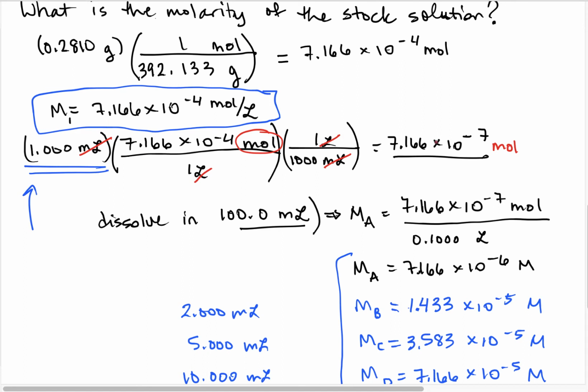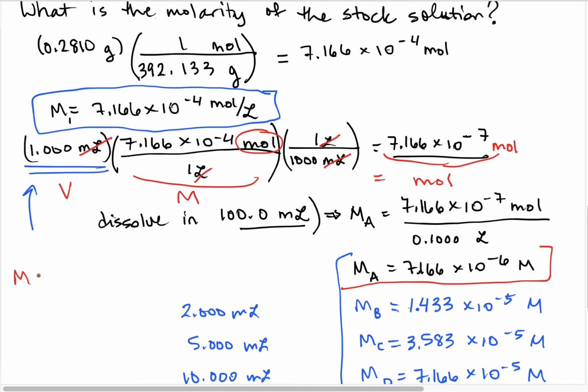When we did this original first one, M sub A, we took the volume and we took the molarity, and this got us moles, right? And we know that that's true since molarity is equal to moles per liter, moles over volume. If we multiply the molarity and the volume, that's going to get us the moles.